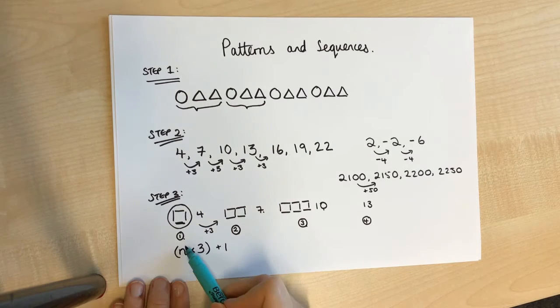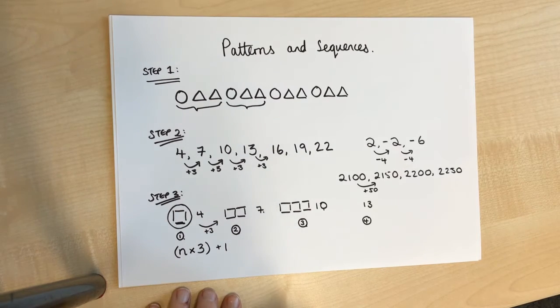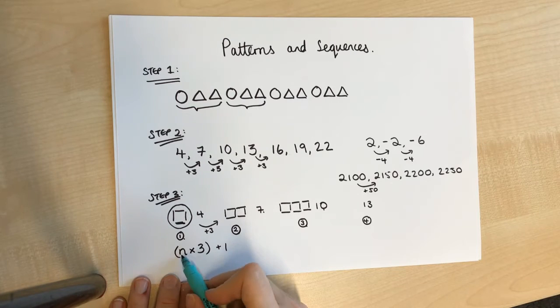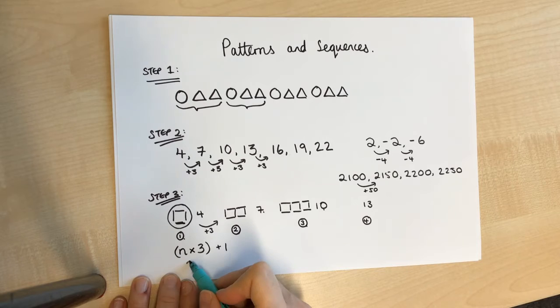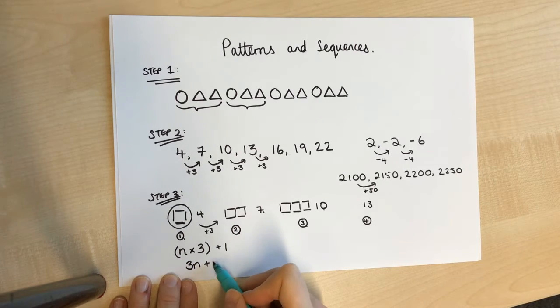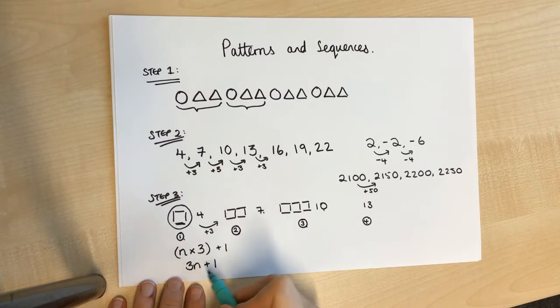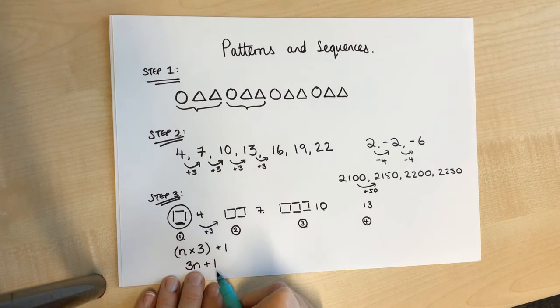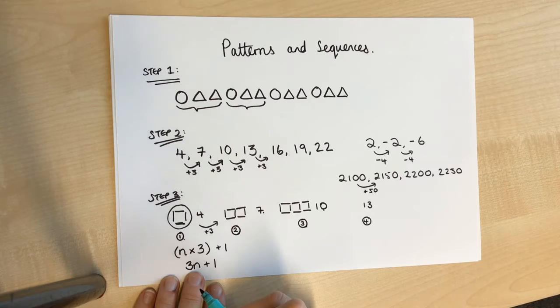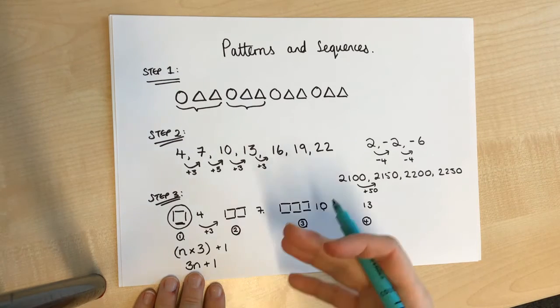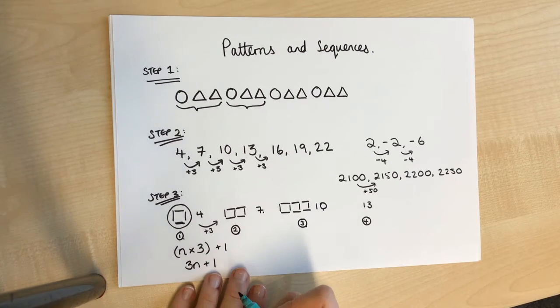Yes, it does. Now, we've used letters to represent numbers in class, and in this case, it means the term number. There's a different way of writing this. We actually write 3n plus 1. Now, what this means is that I could use this to know what any of these terms would be, which can be really useful in life when you want to work out how many of something you need or make a prediction.